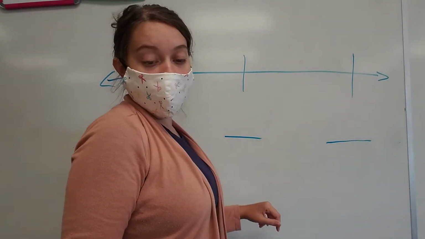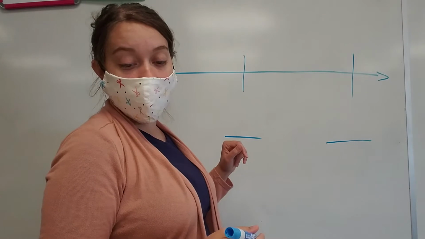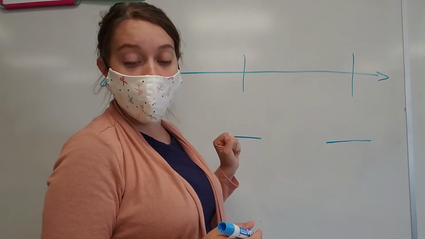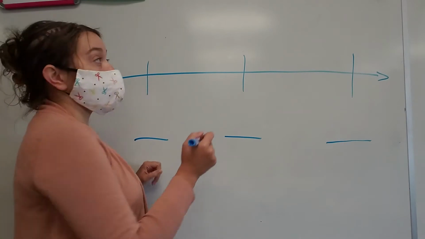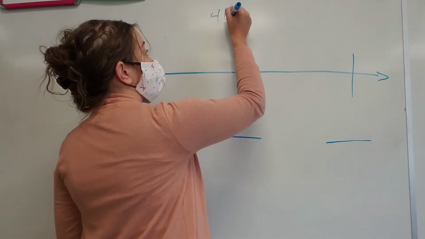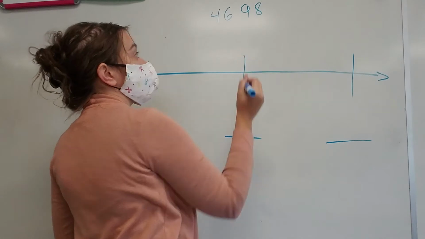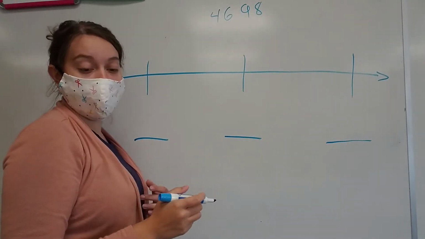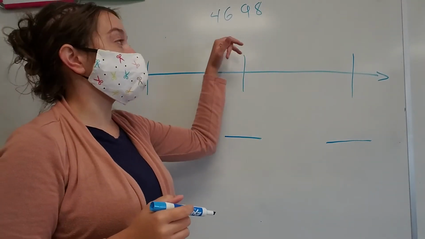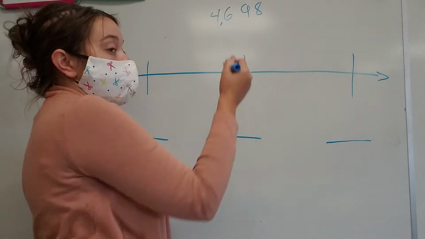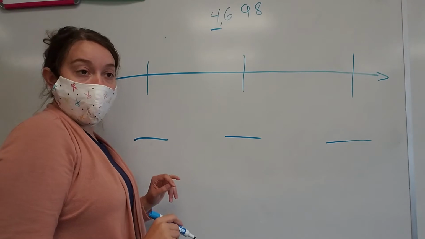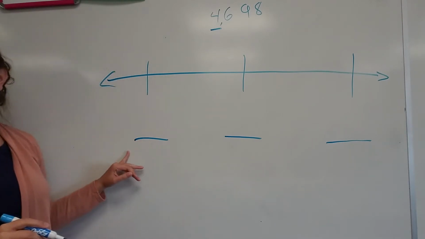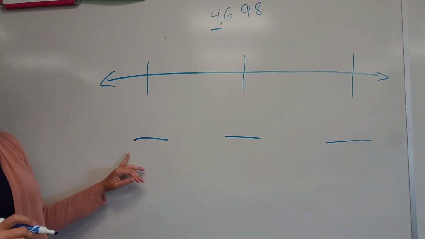So for number 1, round 4,698 to the nearest thousands, right? To the nearest thousands, what digit is in my thousands place, Bella? 4. The 4.